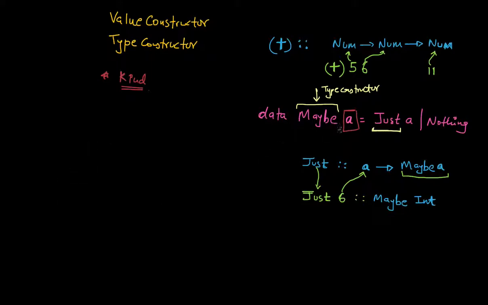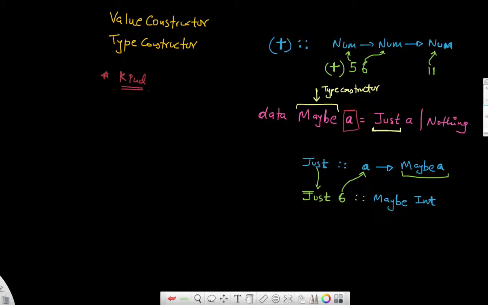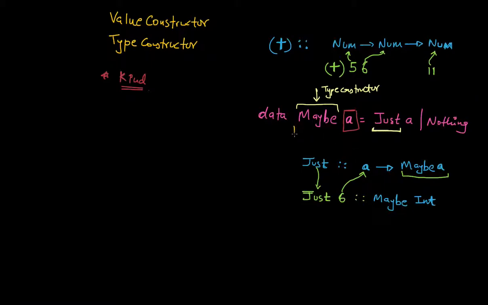Now this at least allows us in some sense to understand what a concrete type is and what a type constructor is. So if Maybe is a type constructor, then Maybe of a, this entire thing in yellow, is actually the entire type.